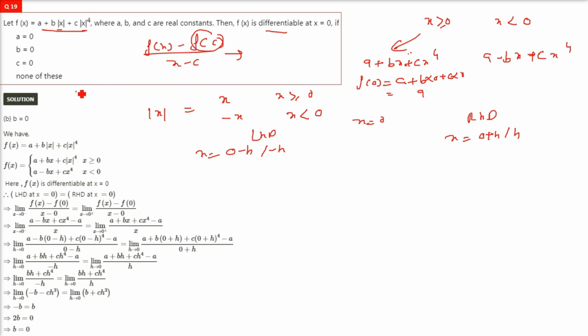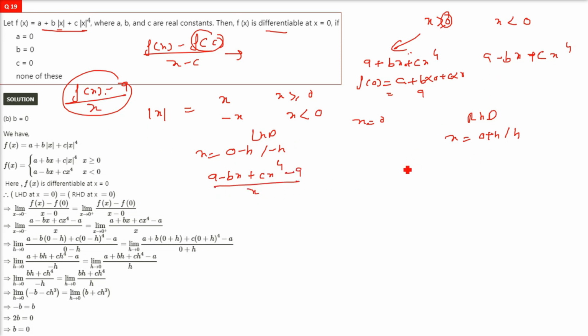So this expression becomes (f(x) minus a) divided by (x minus c). We have to check at 0, so c will be 0, so divided by x. So (f(x) minus a) by x, this is what we are going to use. This is a simplified version. When you are on the left of 0, you are going to use (a minus bx plus cx^4 minus a) divided by x.